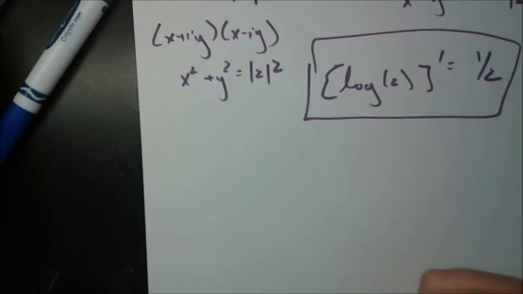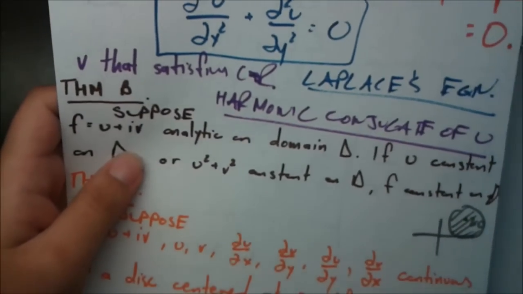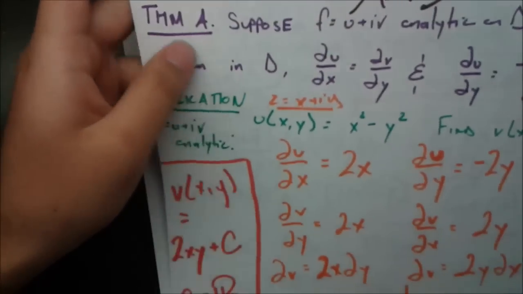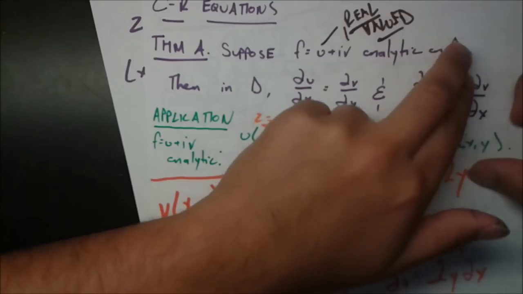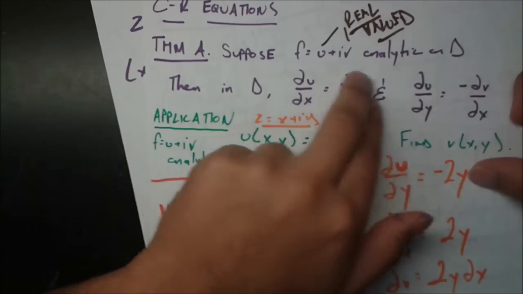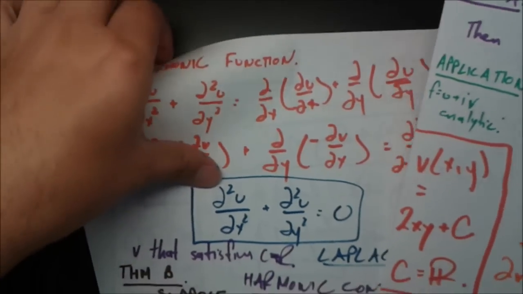And the final thing I wanted to note is that Theorem A and Theorem C are linked. Let's take a quick look at them before we end the video. So let me find my Theorem A. Here it is. Theorem A says, suppose f equals u plus iv is analytic on D. So the supposition was that this is analytic on D. Well, what is the conclusion of Theorem C?